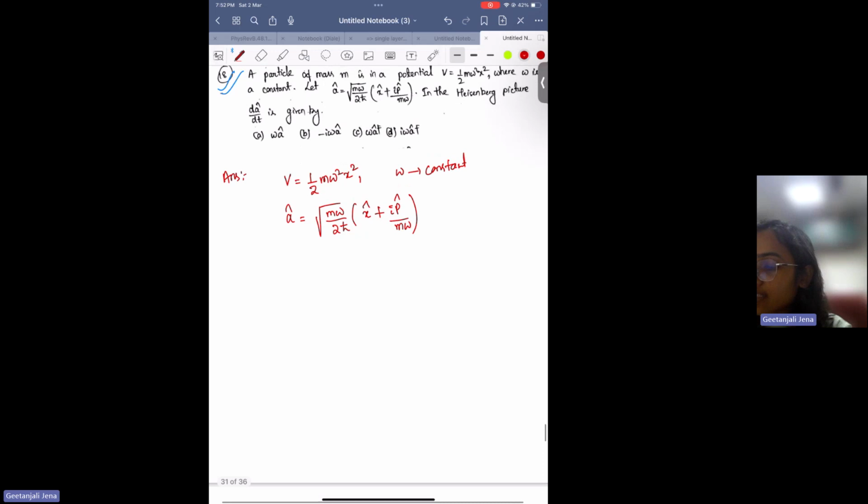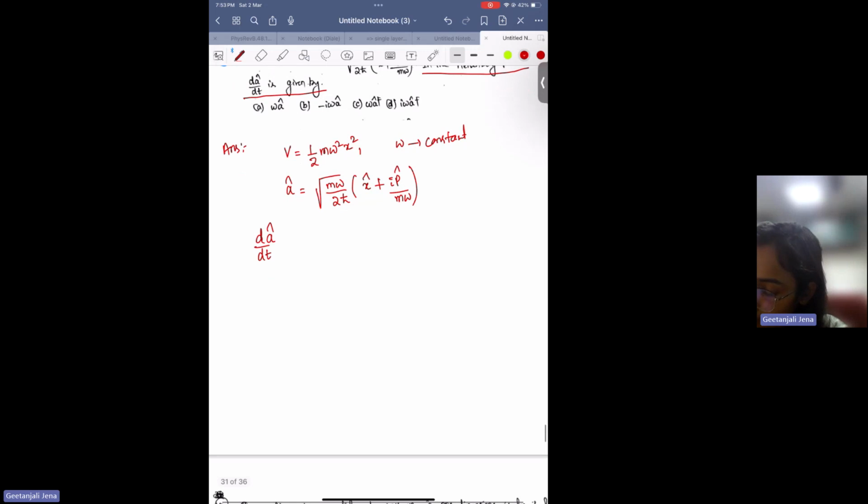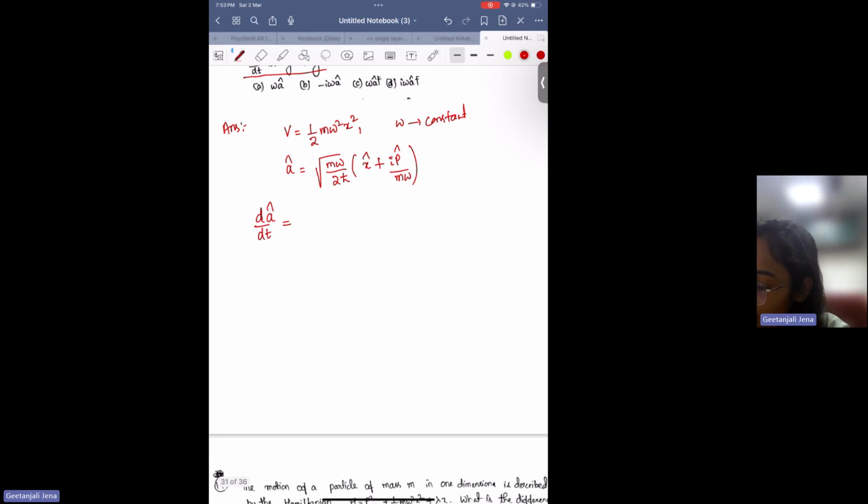Now it is asking in the Heisenberg picture, what is the expression for dA by dt? It is asking about the change of this A operator with respect to time. So in the Heisenberg picture, the time evolution of an operator A is given by this form. This is nothing but 1 by iħ, commutation of A with H, plus partial A by partial t.